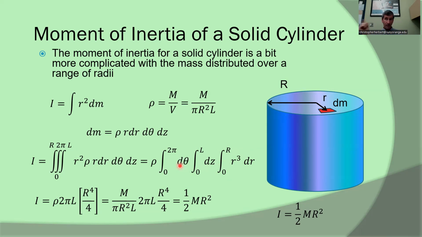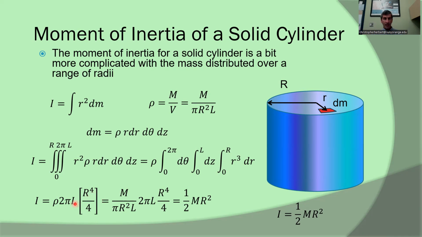And then I'm going to integrate around the theta direction from 0 to 2 pi, which just gives me 2 pi. So rho times 2 pi times L, those are the first elements, times this integral, which is r to the fourth over 4. The 0 is just 0 there.